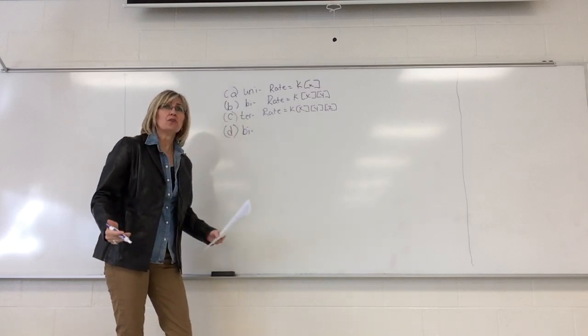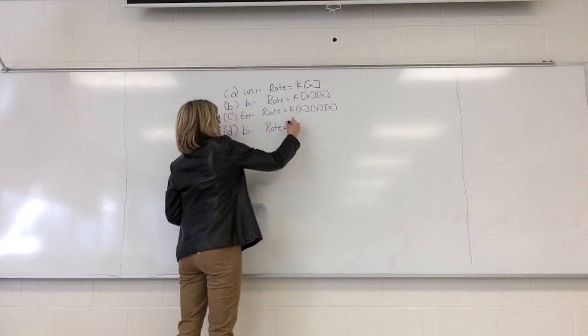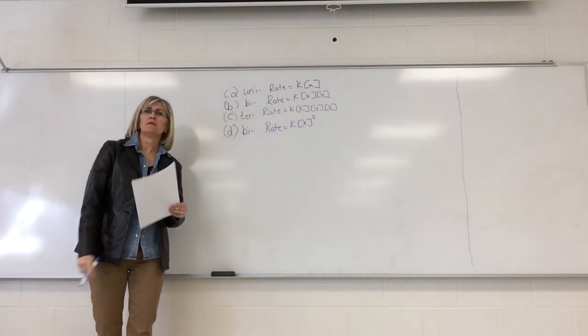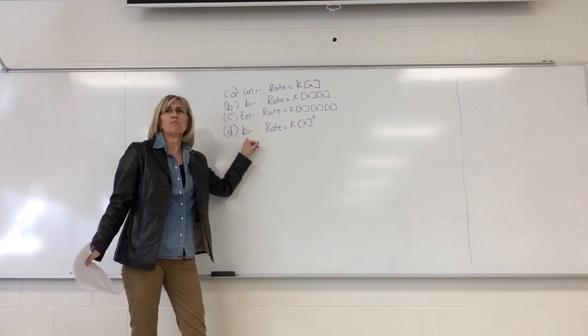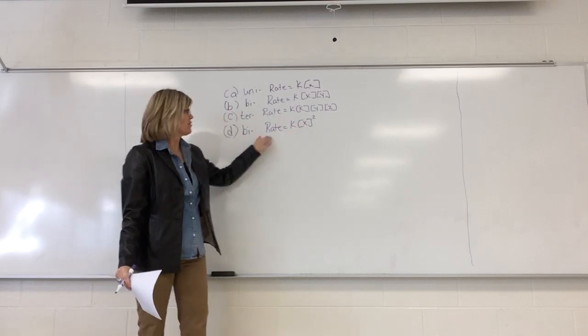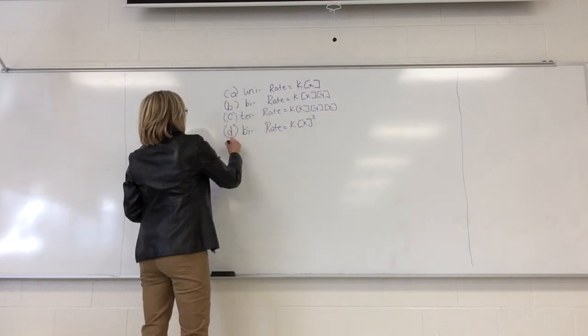The rate determining step. And so the rate law is rate equals k times X squared, and that squared shows us that it's bimolecular, that I've got to react 2 of those X's. That's my rate law. Okay?